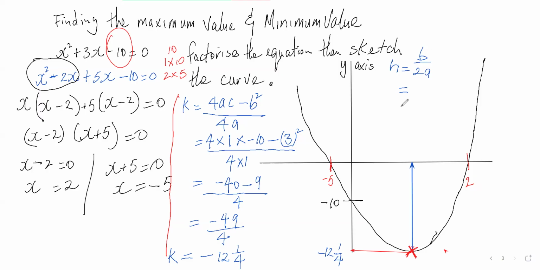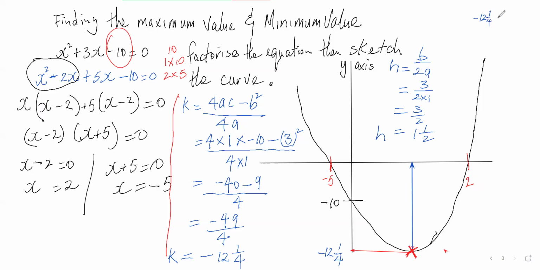So let me just write it. B is 3 over 2 times 1, which is 3 over 2. So H is 1.5. But there's a little problem. There's a but, and I'm glad that I am. Everybody pay attention to what I'm writing. Now, H is 1.5. So the answer will be negative 12.25.